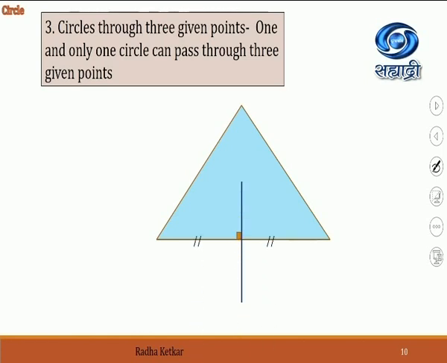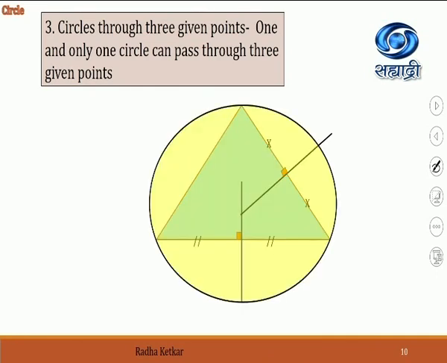You construct the perpendicular bisector for the sides of that triangle. Do it for another side also so that you get a point of intersection. Mark it as the center and you can draw a circle which is going to touch all 3 vertices, that means the points under consideration.